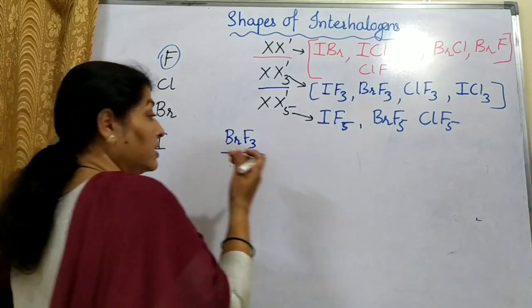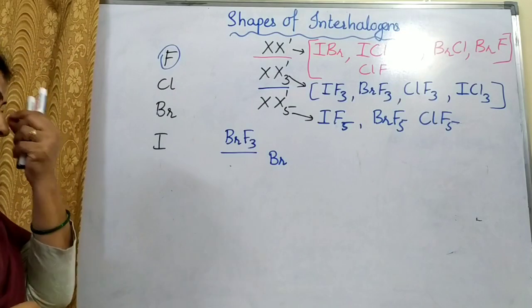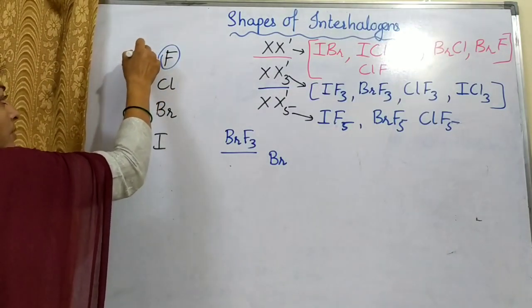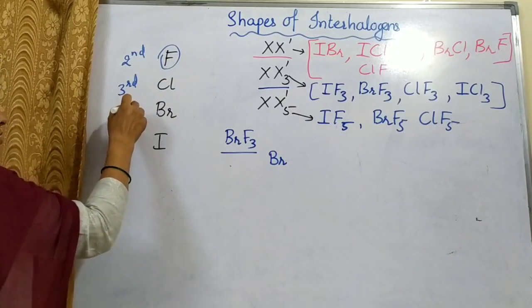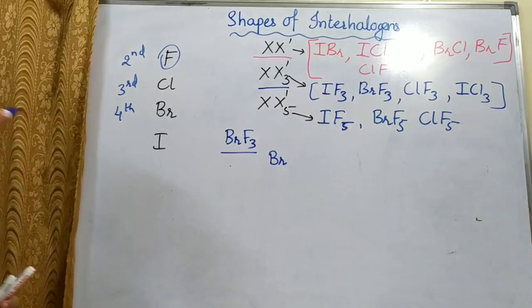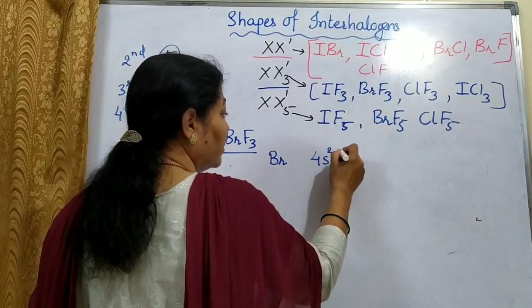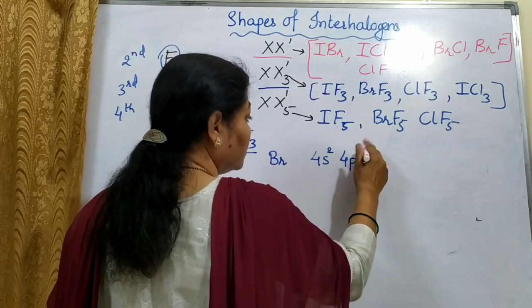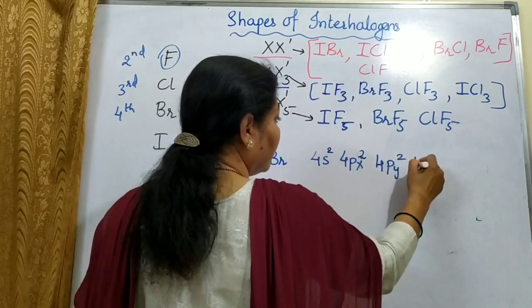Now, Br is the central atom. F is in the second period, chlorine is in the third period, and Br is in the fourth period. So as it is in the fourth period, its valence shell configuration will be 4s2, 4px2, 4py2 and 4pz1.